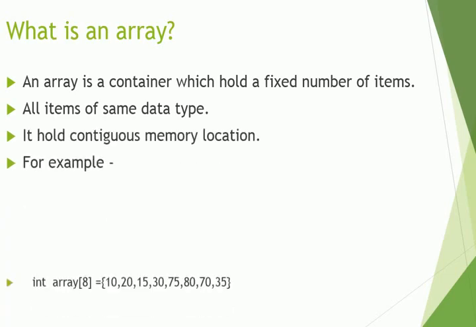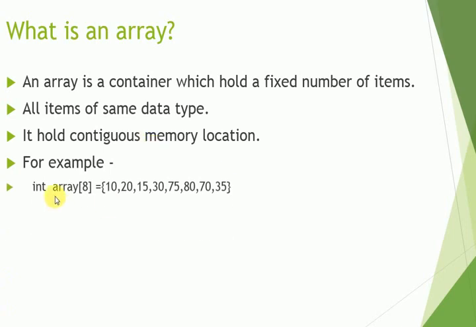For example, here I declare an array of 8 elements. The data type is int and the values are 10, 20, 15, 30. These are the values of this array. This array has one name that holds 8 values, and the index always starts with 0.